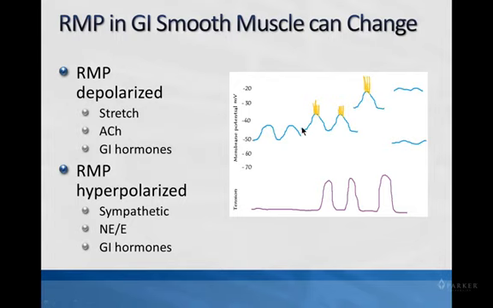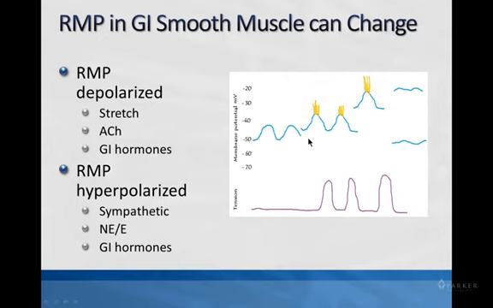It's less negative. What type of things can cause this to happen, and what's the ultimate consequence of that? If you depolarize the resting membrane potential, you're going to have a higher likelihood of creating these action potentials because you're going to be closer to threshold. So if I move, I'm depolarizing.